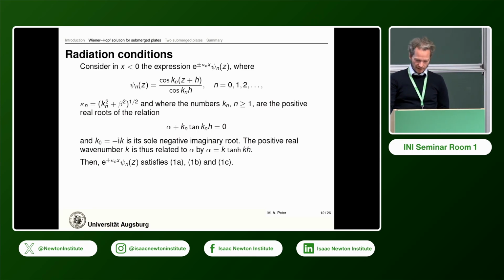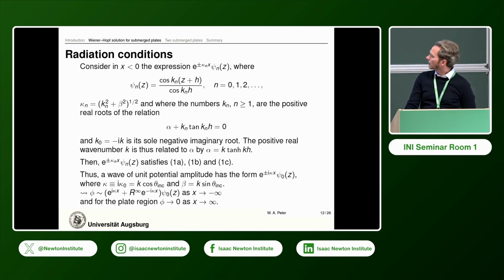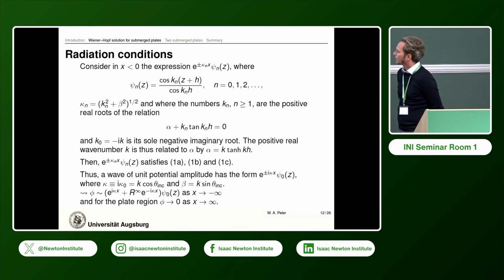And if I do that, then I realize this kind of classic wave solution with this vertical dependence psi, which satisfies the Helmholtz equation, the bed condition, and the free surface condition. And so a wave of unit amplitude has this form.